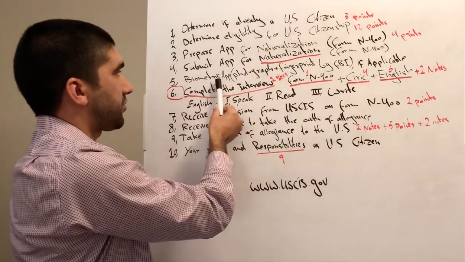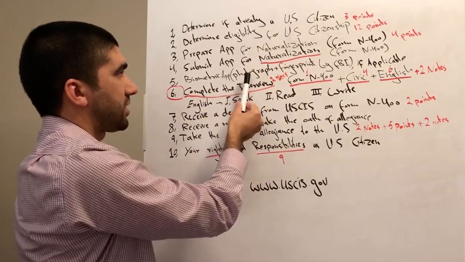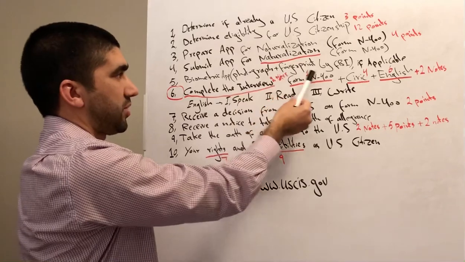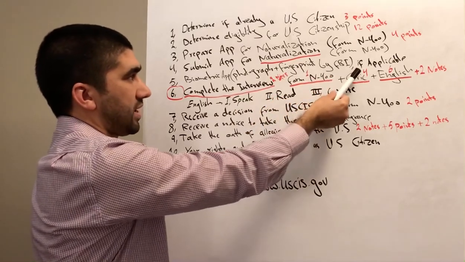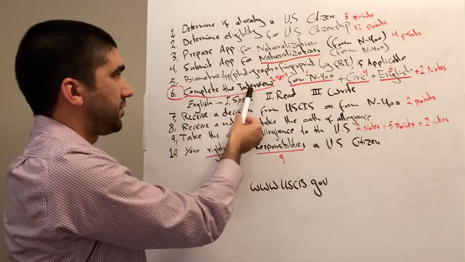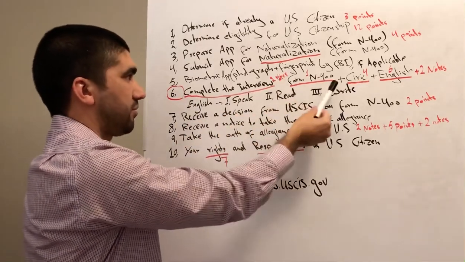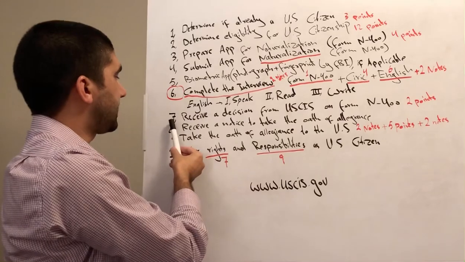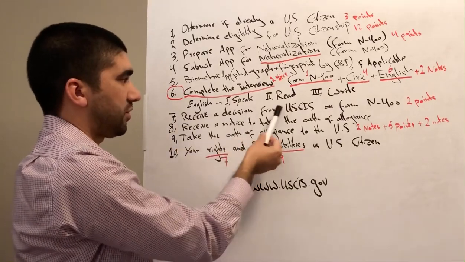And then the fifth, the biometric application, which includes a photograph and fingerprints by the FBI, if applicable. Then number 6, complete the interview. Then we have some notes and points here. And then number 7, receive a decision from USCIS.